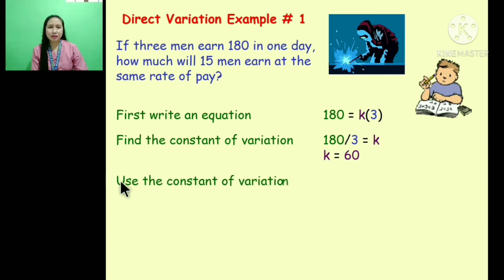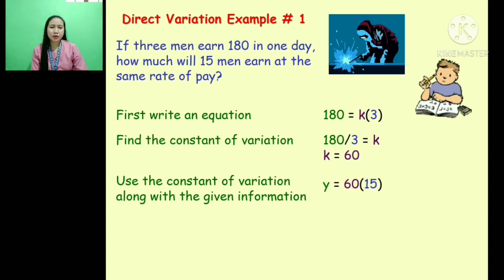Next, use the constant of variation along with the given information. So we have y is equal to kx as our equation in direct variation. We have now our constant, which is 60, and we have again our x, which is 15 men. So we're going to get the product of 60 and 15.